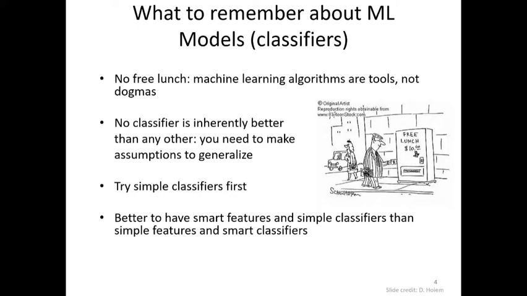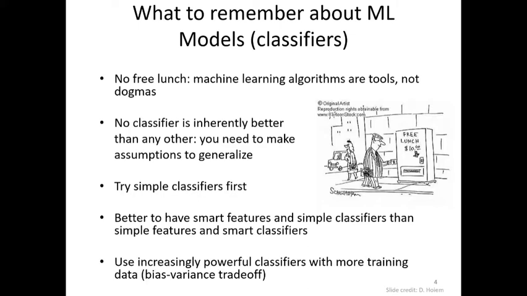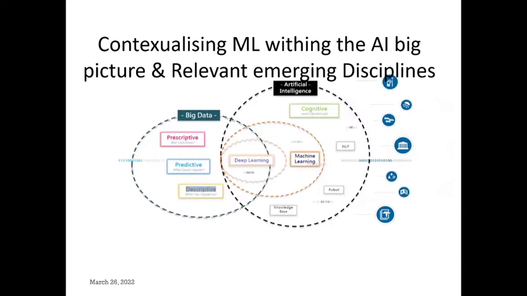So these are some of the things we mentioned last week. And then we made it clear to ourselves that we should use increasingly powerful classifiers with more training data. That is, the more data you have, then you can go to more sophisticated algorithms, because some of the sophisticated algorithms need really huge data. If you don't have enough data, then you might have to confine yourself to very simple ones.